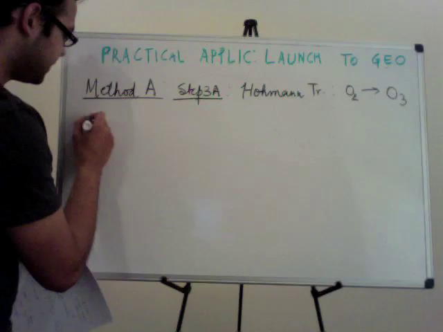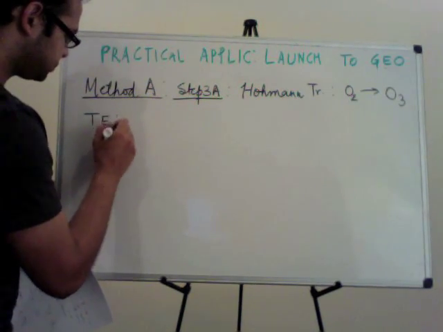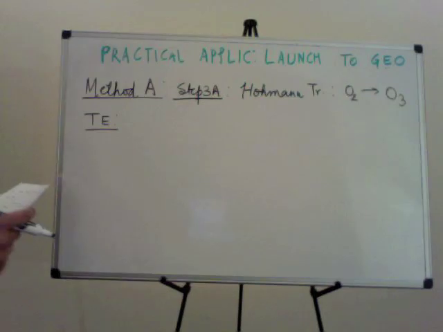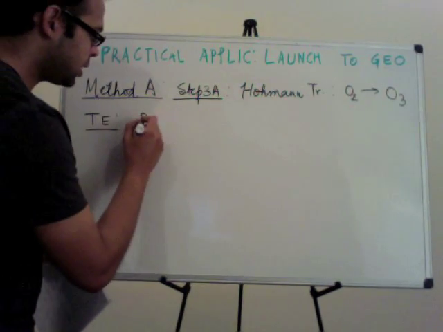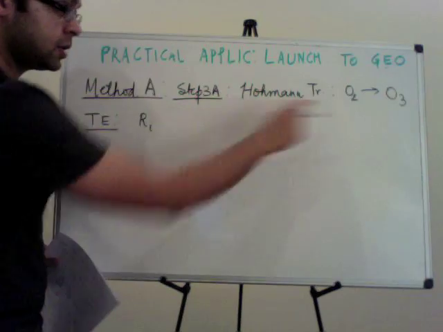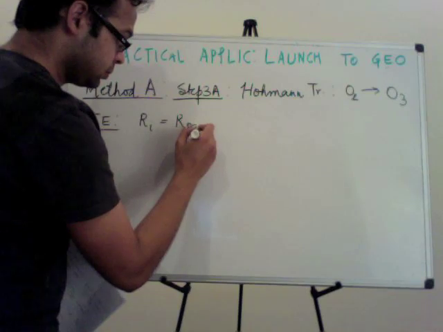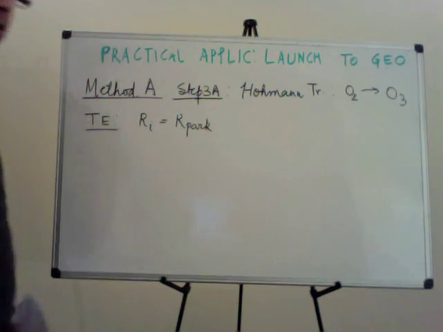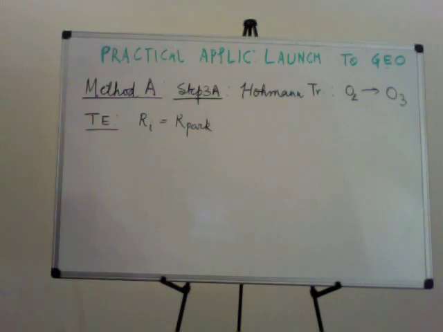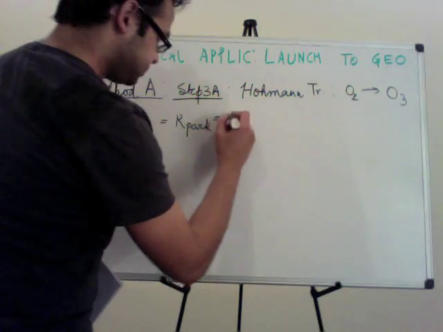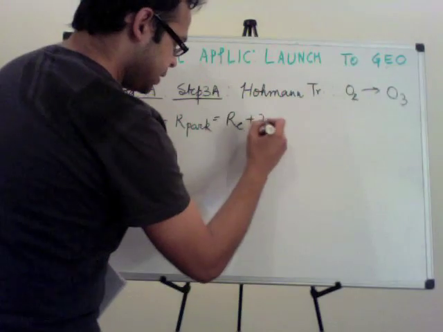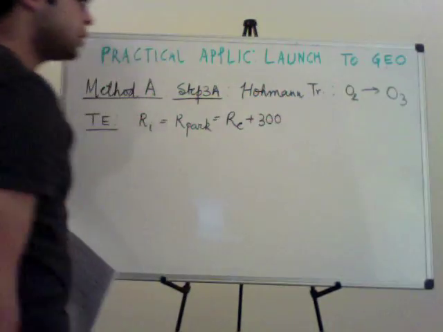First step was to design the transfer ellipse. Here, Ri, the initial radius, is the radius of O2, which is R park. Remember that O2 and O1 have the same radius, so this is the radius of Earth plus 300 kilometers.